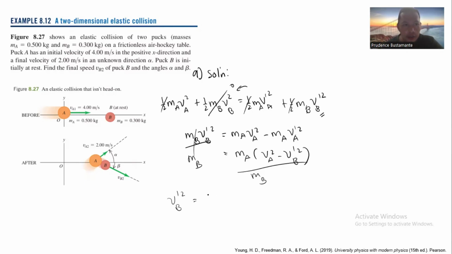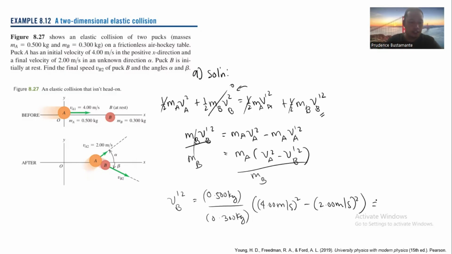Our V B prime squared is now equal to 0.500 kilograms over 0.300 kilograms times the initial velocity, which is 4.0 meters per second squared, minus the final velocity of A squared. So we get 0.5 over 0.3 times 4 squared minus 2 squared.